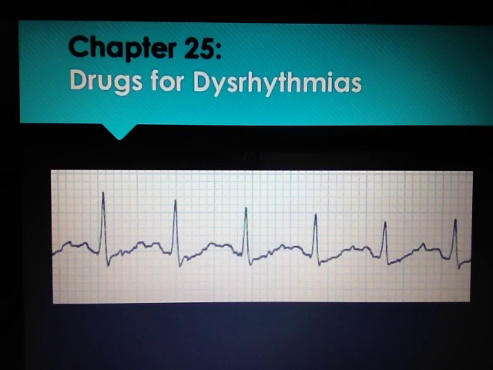So we need to check for a pulse. If we see a rhythm but there's no pulse, it's called pulseless electrical activity. We have to remember that there are two different things going on here: we have to have the electrical activity, but we also have to have the heart actually pumping out the blood.